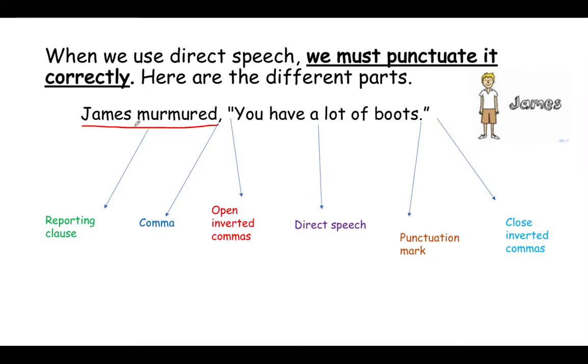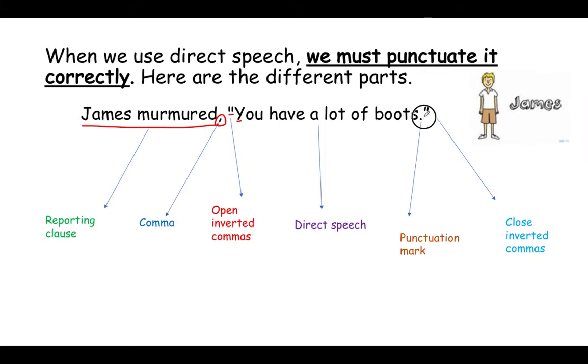Right after the reporting clause, we'll always have a comma. And right after the comma, we'll have our opening inverted commas. Whenever we write direct speech, always start with a capital letter. So the direct speech, You have a lot of boots, because that's what he said.